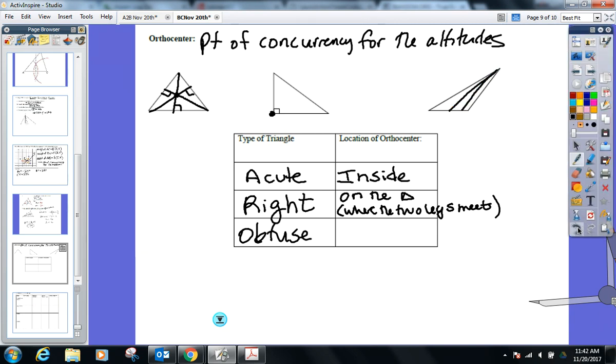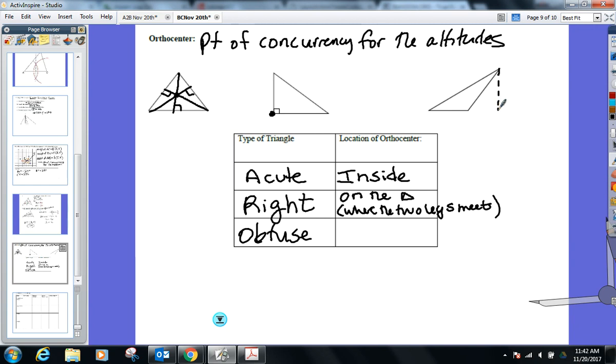No. Where am I going to be able to draw a line that's going to be perpendicular? Straight down here, right? But is that inside the triangle? No. That's outside. So if I drew another altitude in, guess where they're going to intersect? Inside, outside, on the triangle? Outside. So when you have an obtuse triangle, the orthocenter is going to be located somewhere outside, because you cannot draw a perpendicular line down. It's got to be on the outside of the triangle.